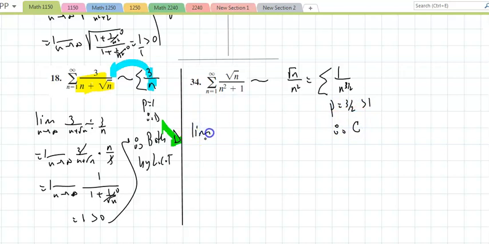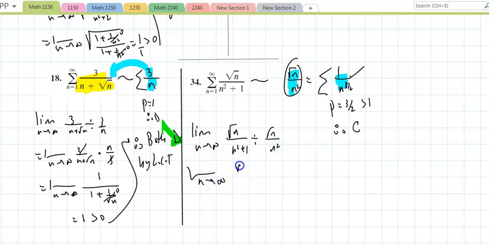If I take the limit as n approaches infinity of radical n over n squared plus 1 divided, you could write it this way. You could write it this way. It doesn't matter. Those two are exactly the same. So here you're not comparing to use the comparison test. Here you're taking the limit and showing those two sequences are growing at the same rate.